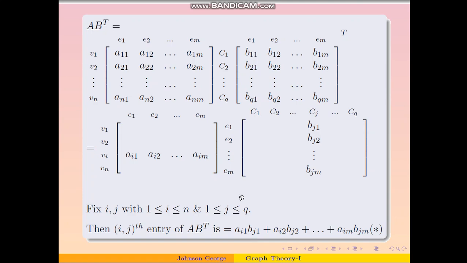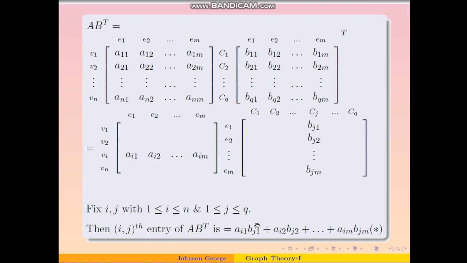But if this edge E1 is not in the cycle Cj, then also this is 0, or if E1 is in the Cj cycle, then this is non-zero. That means the first term is non-zero if E1 is incident on Vi, and the same E1 is in the Cj cycle also.